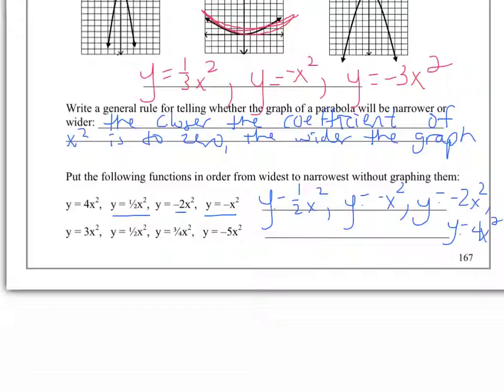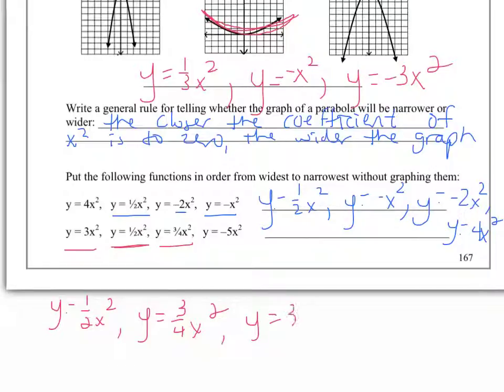Okay, so what you should have had for here is starting off with 1/2. Okay, so again, closest to 0. Y equals 1/2 x squared. Next would be 3/4. Okay, next closest to 0 is 3x squared.